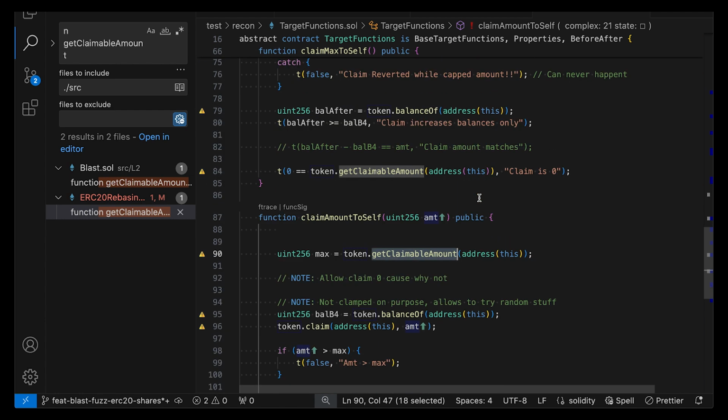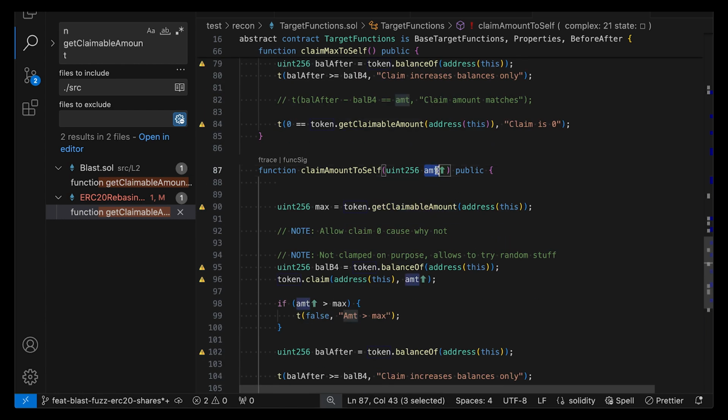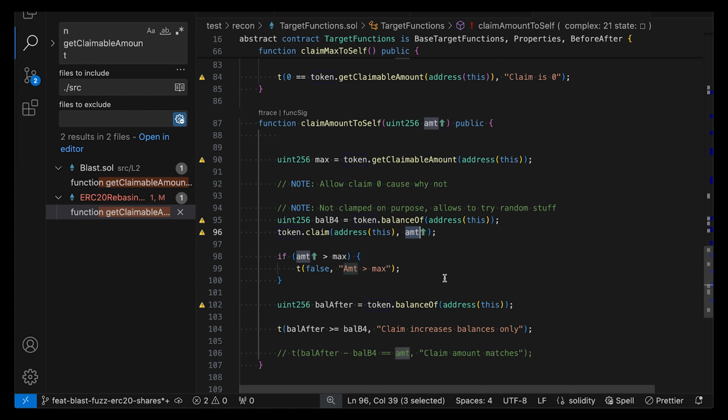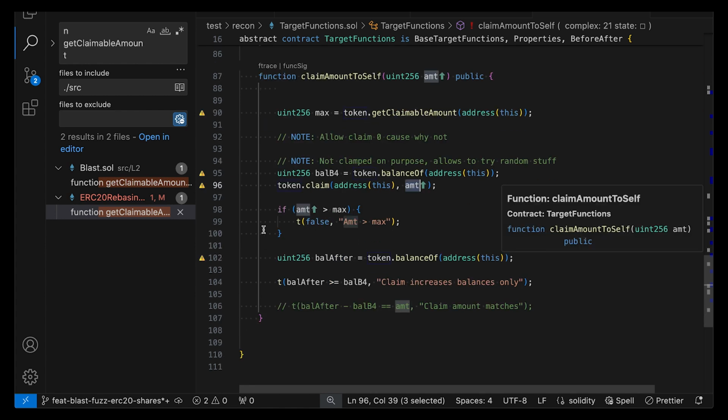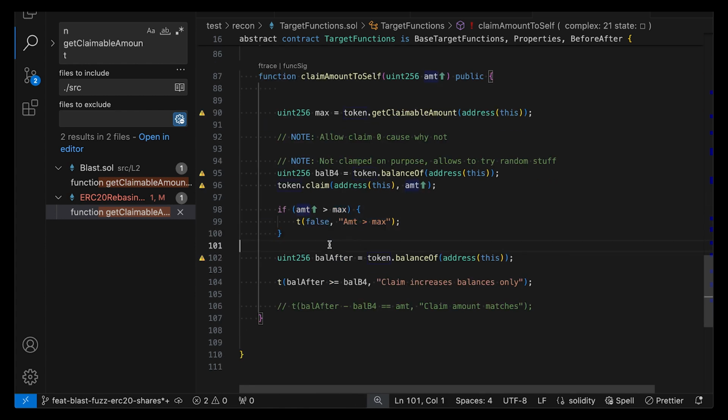And then we have a way to claim to self, which is basically, as far as I can tell, the same thing with the exception that we are checking an amount. So basically we're just passing a random amount and verifying whether that was above the maximum or not.